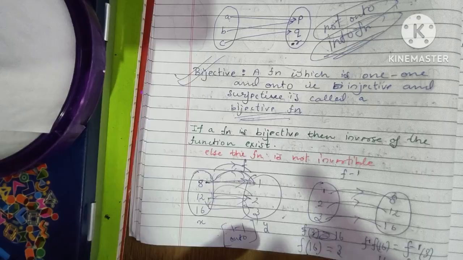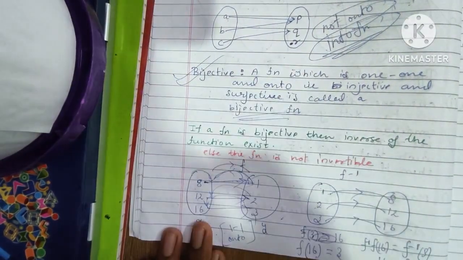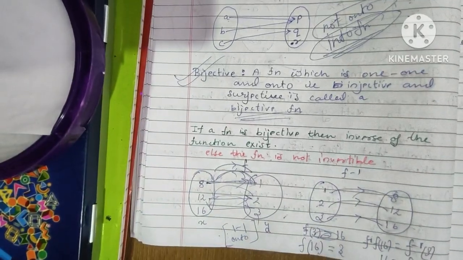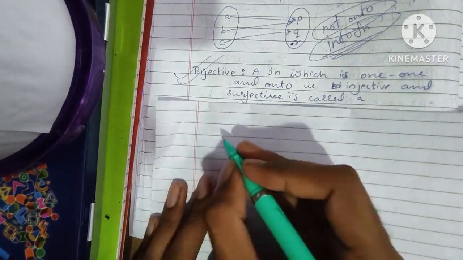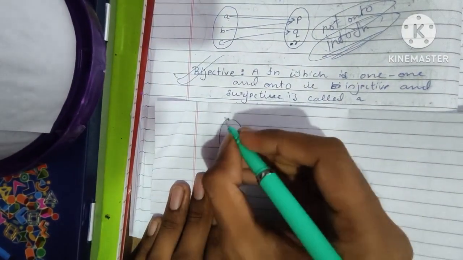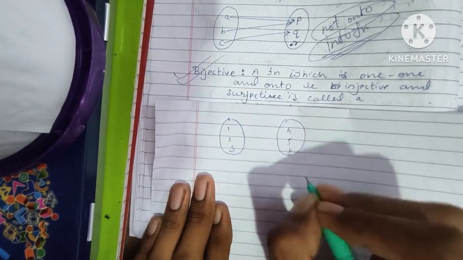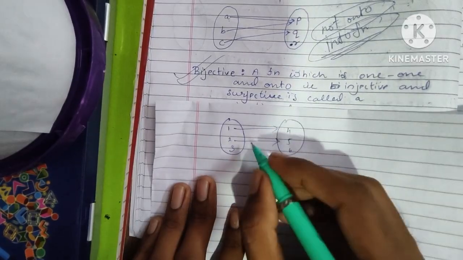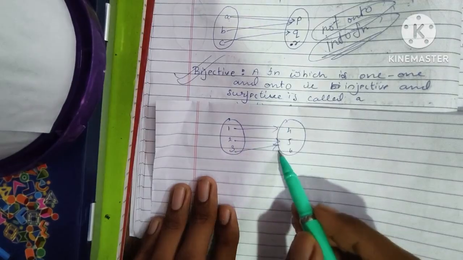If the function is not bijective, what will happen? Let us consider a function which is not bijective, then only you can easily understand the concept. So see here, I'm going to consider some function. 1, 2, 3, 4, 5, 6. It is a function.